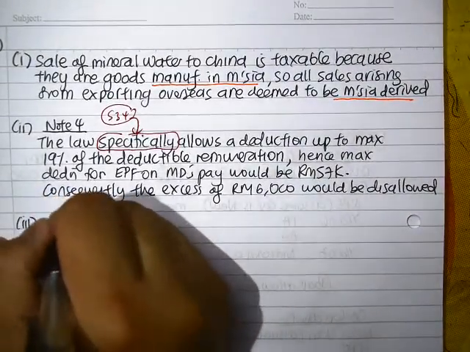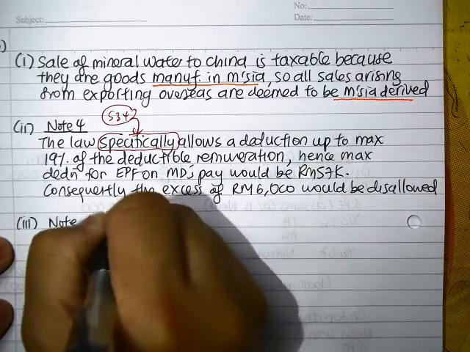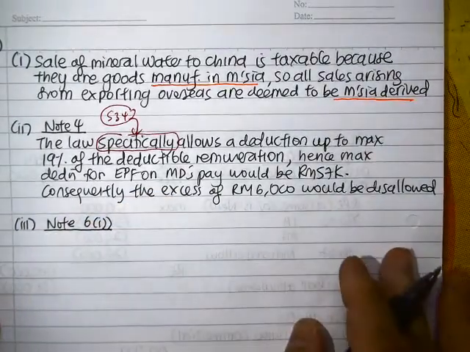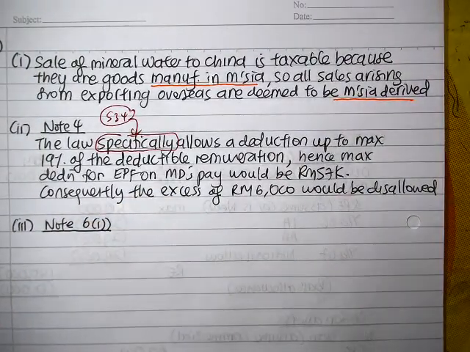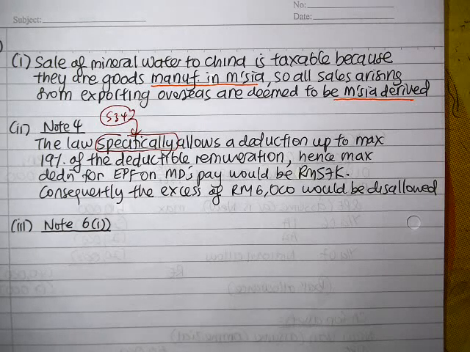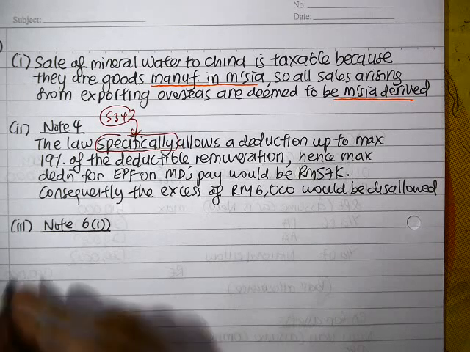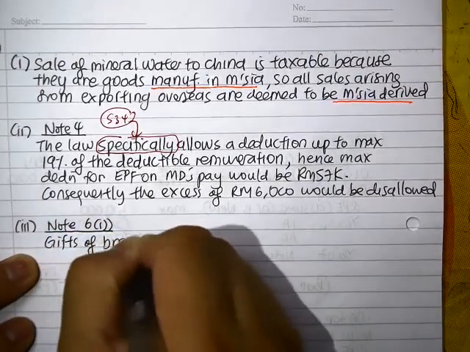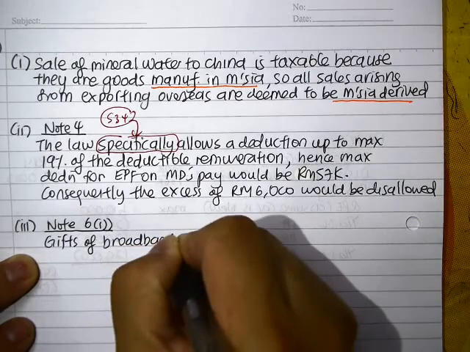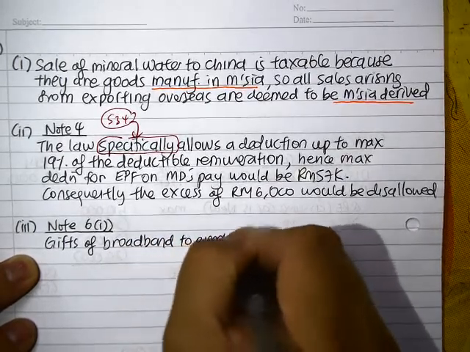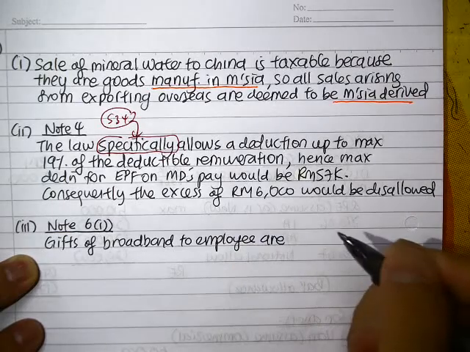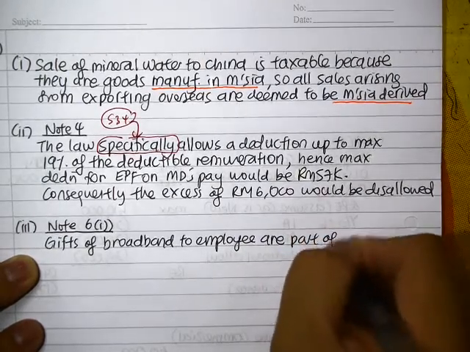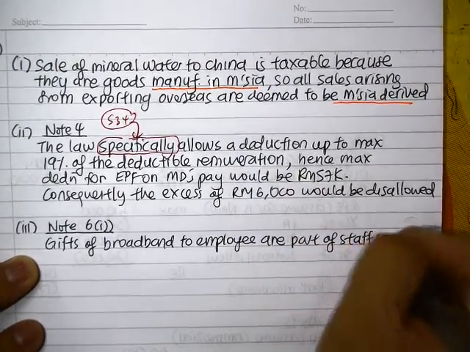Okay, then they ask you to explain note 6 number 1. So what's note 6 number 1? Now note 6 number 1 is the gift. Okay. Now gift of broadband to employee are part of staff costs.